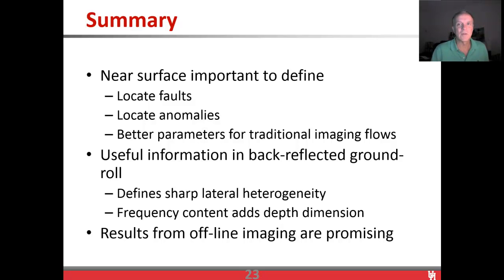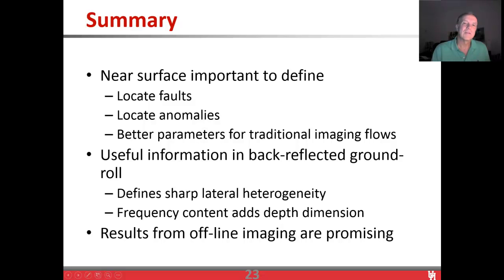So just summarizing our work here, the near surface is very important for a number of ways, and we're looking to locate faults, especially blind faults that are not expressed on the surface itself. We want to locate anomalies and of course build a more detailed heterogeneous structure of the near surface for further processing.